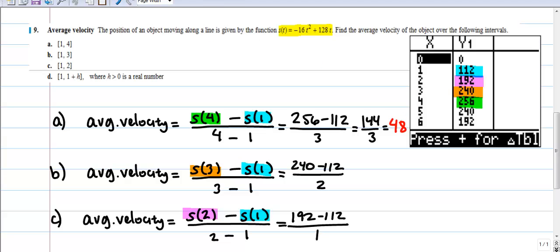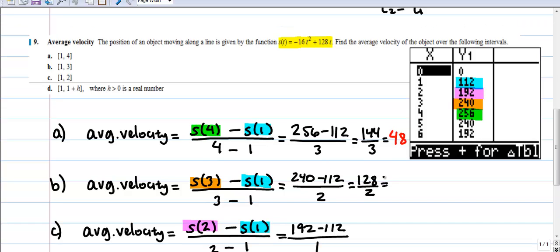On the next one, 240 minus 112 is 128, divided by 2 would be 64. And on the last one, I'm going to get 80 over 1, which is 80.